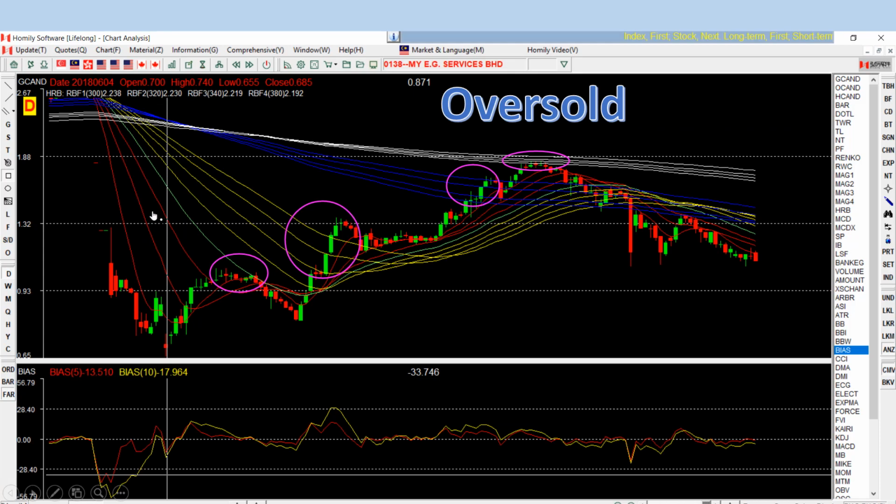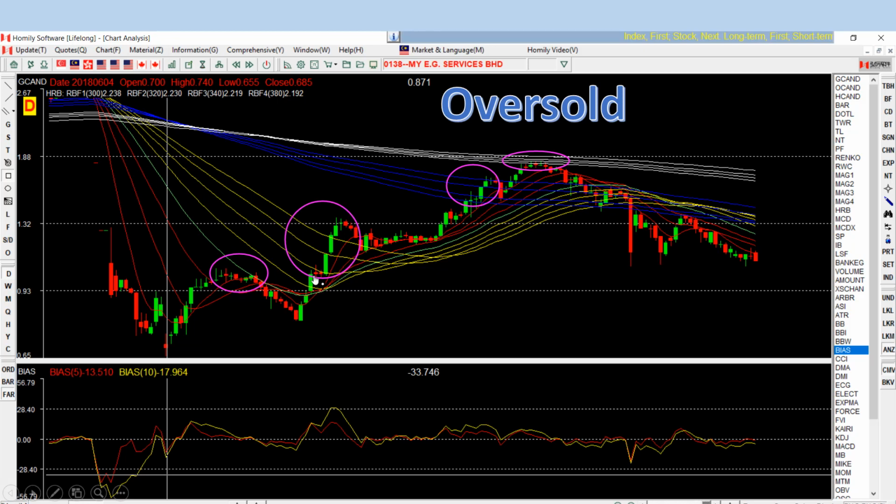After that, you must know the last red line will be the important resistance, and next will be the green line. If it cannot break out the green line, you need to consider that the short term is still not turning up. So you need to come out first. Wait until the next rebound.